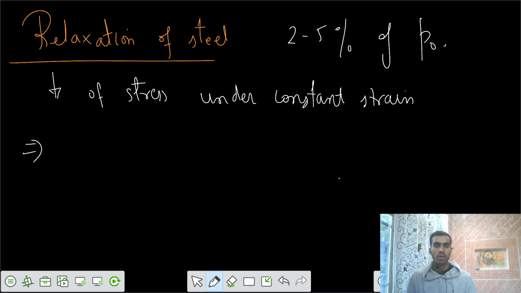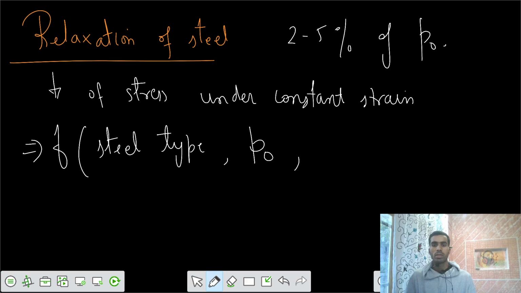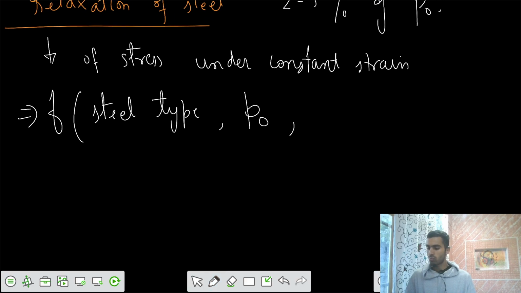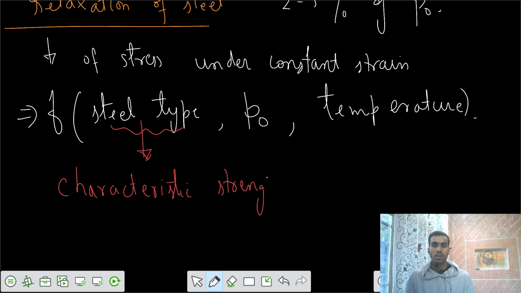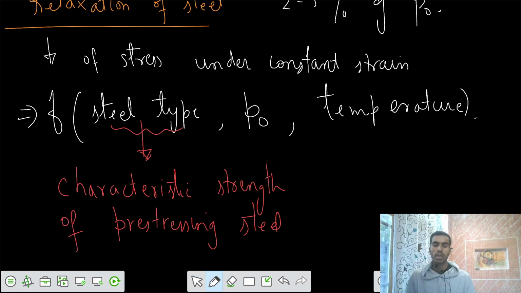Relaxation is a function of steel type: what kind of steel you are using, how much initial prestress you are applying, and one more thing, what the temperature is in the steel wires. Steel type means we have a term called the characteristic strength of the prestressing tendon, which we write as fp.